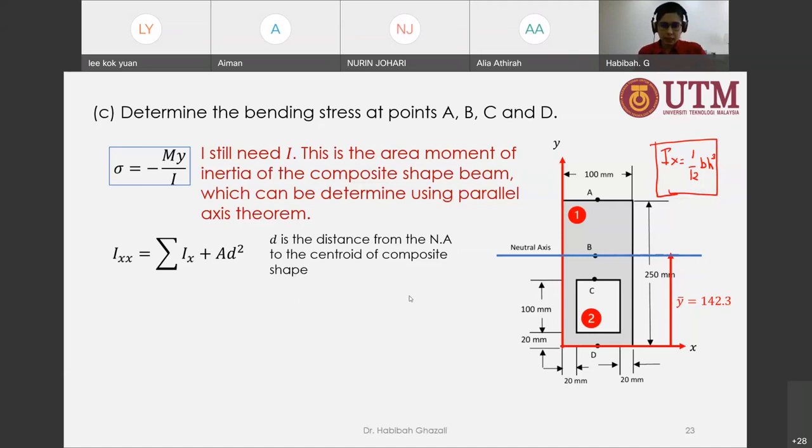D is the distance from the neutral axis to the centroid of the composite shape. That is what D is all about. We already determined the centroid for each of the segments from the very beginning when we tried to find the neutral axis.